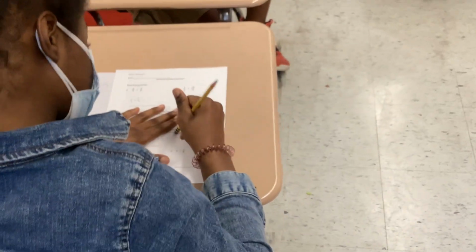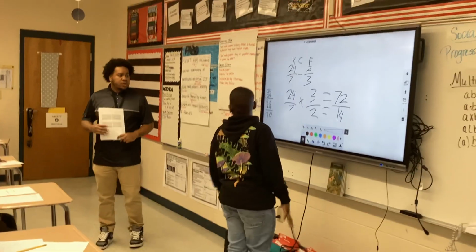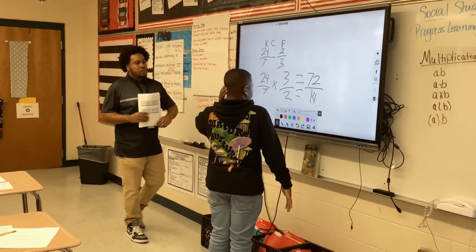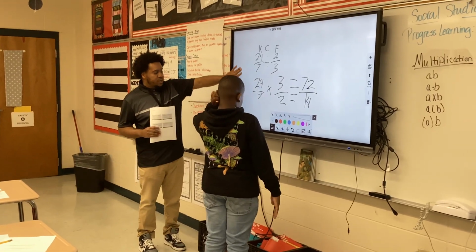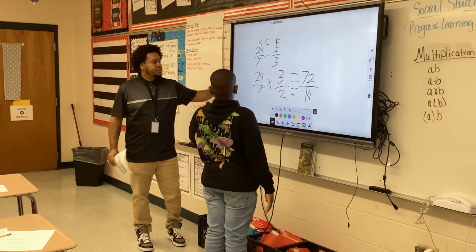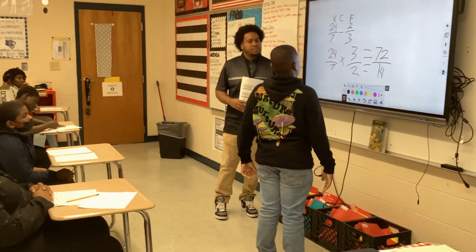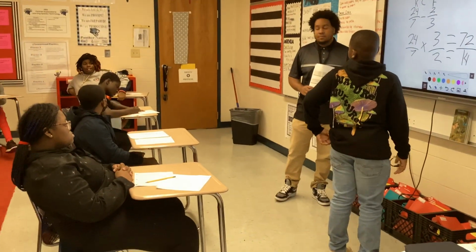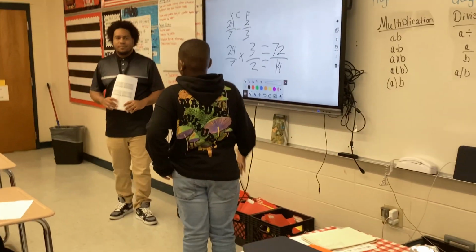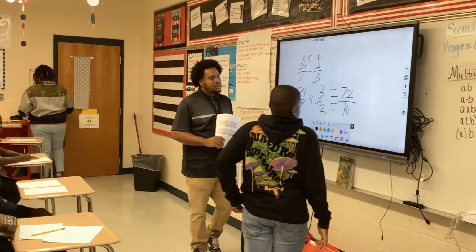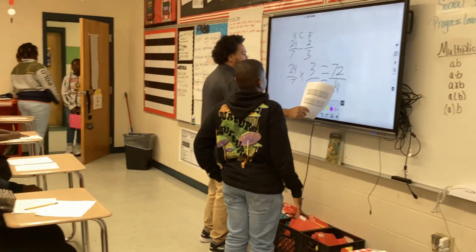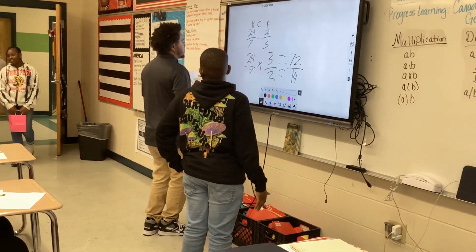Alright, can we reduce? They're both even numbers, so I know we can reduce. You can simplify. How many times can we get a number into 14 and 72?